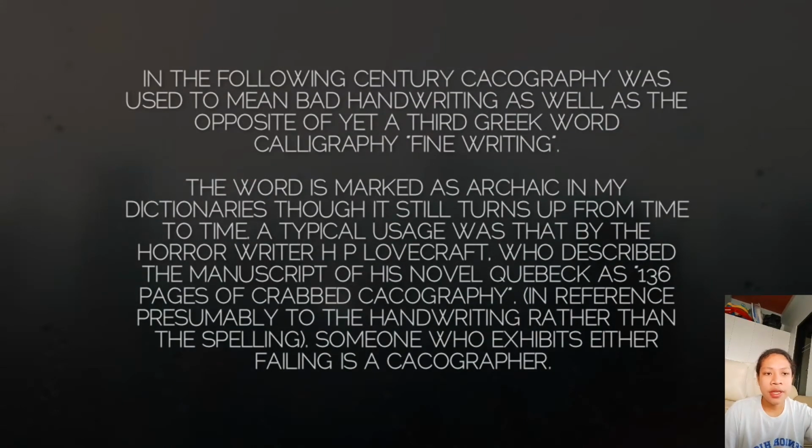In the following century, cacography was used to mean bad handwriting as well as the opposite of yet a third Greek word, calligraphy, fine writing. The word is marked as archaic in my dictionaries, so it still turns up from time to time.